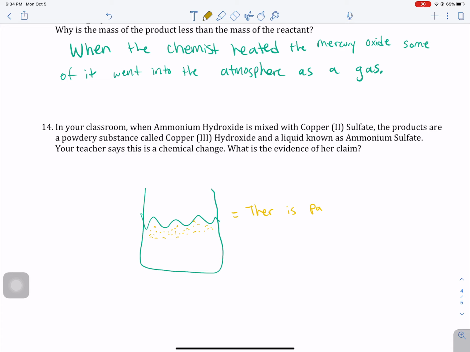Okay, so what forms is a precipitate. So you can actually see something form from this. So a precipitate is a product of this reaction.